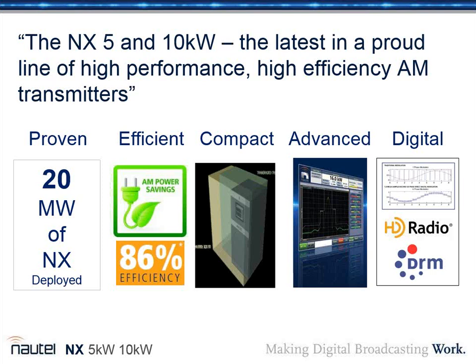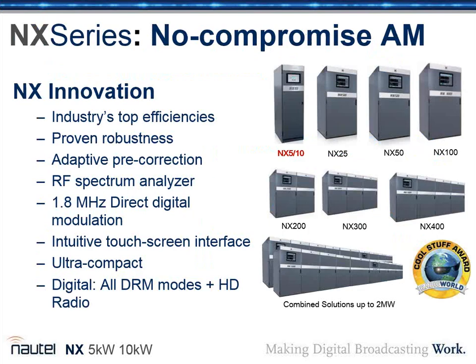They're advanced, and they're fully into digital, whatever route digital chooses to take in the future. The NX series was designed from the ground up as a no-compromise AM system. It has the industry's top efficiencies; nobody has better efficiencies than the NX series. It's proven to be robust. It includes the world's first adaptive pre-correction in AM transmitters and a built-in RF spectrum analyzer.